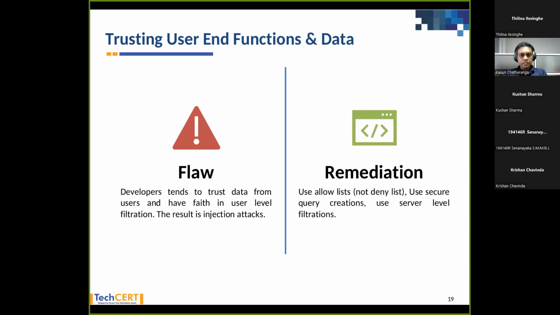In some cases, there are functions designed for secure database transactions like prepared statements, but still people make SQL queries with the concatenation of user supplied input. The result is SQL injection and the whole website goes down.